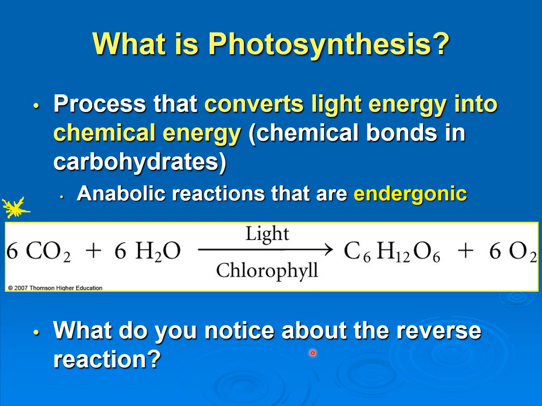And then what do you notice about the reverse reaction? So if we start over here on the right and we do the reverse direction, hopefully you recognize that as cellular respiration. So remember, in cellular respiration, we take our food like glucose and we need oxygen to do this. That's why we have to keep breathing.